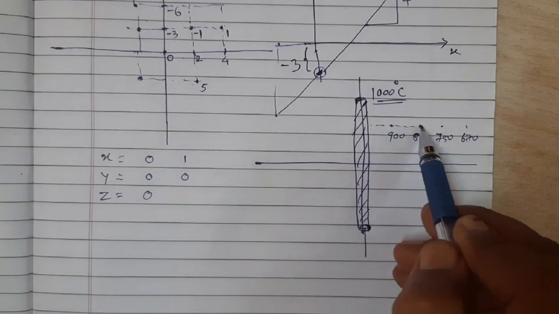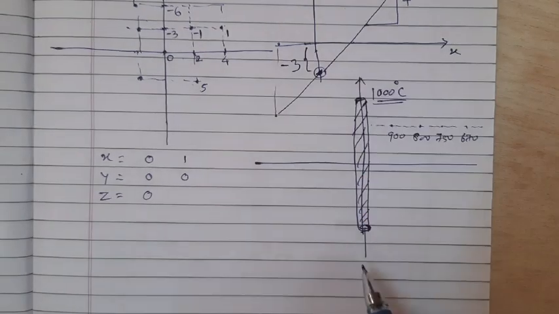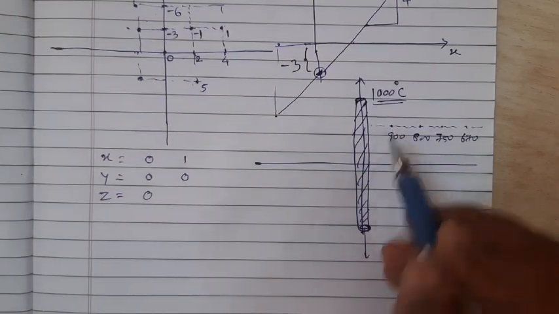That means gradually the temperature goes on decreasing, and I can write the different values of temperature at different points.